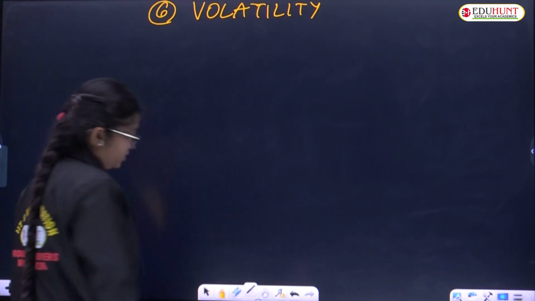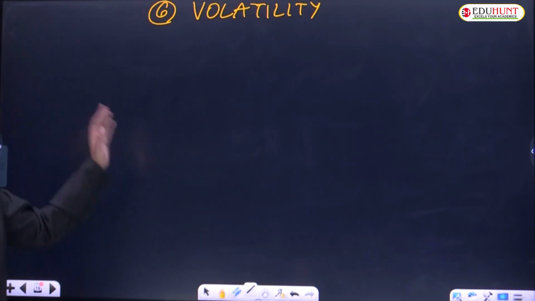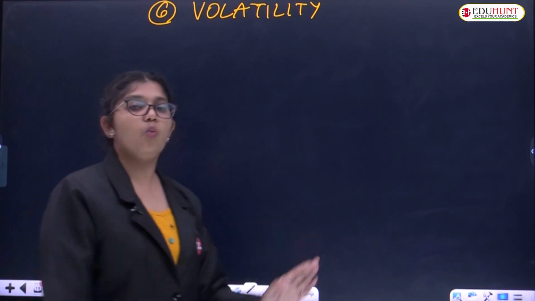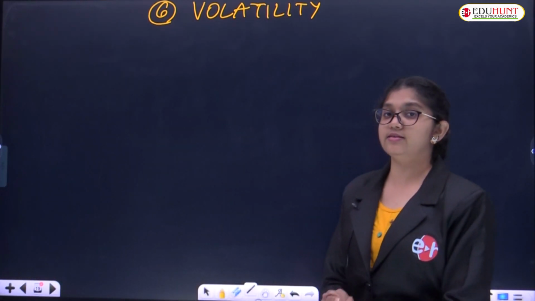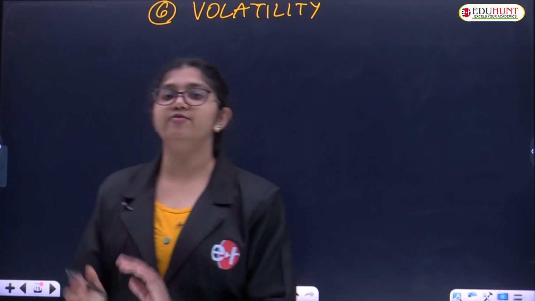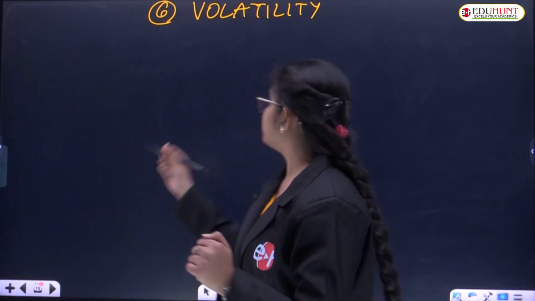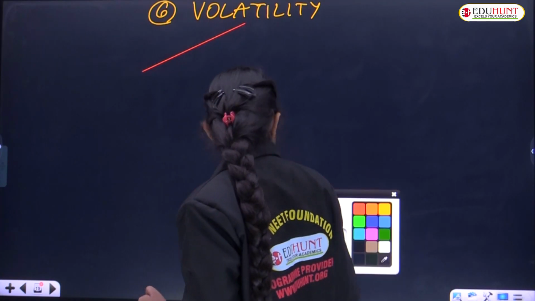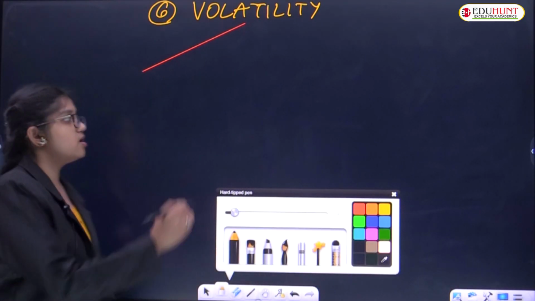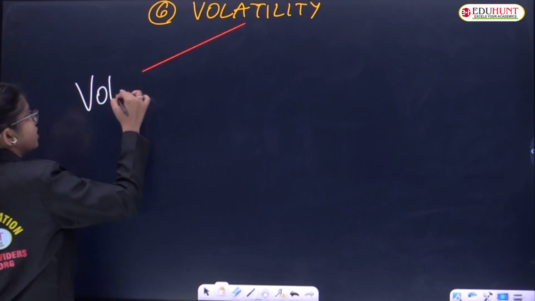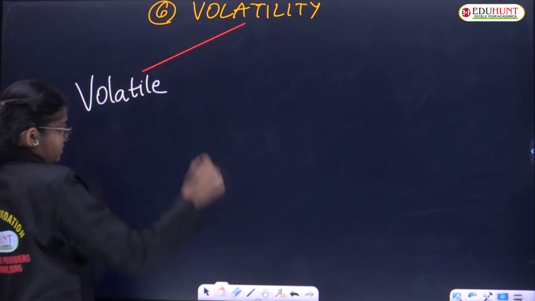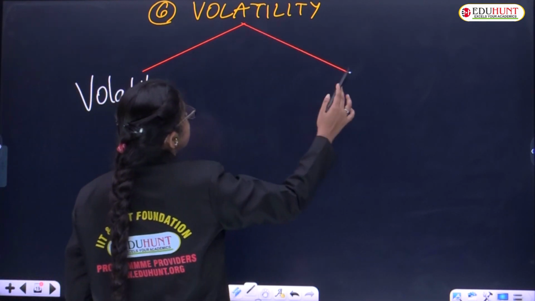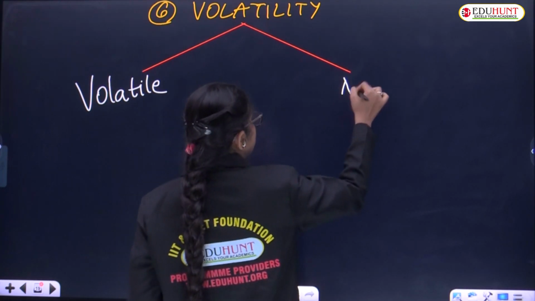In this particular volatility consideration we again have 2 classifications. The first one is volatile acids, and the second classification is non-volatile acids.